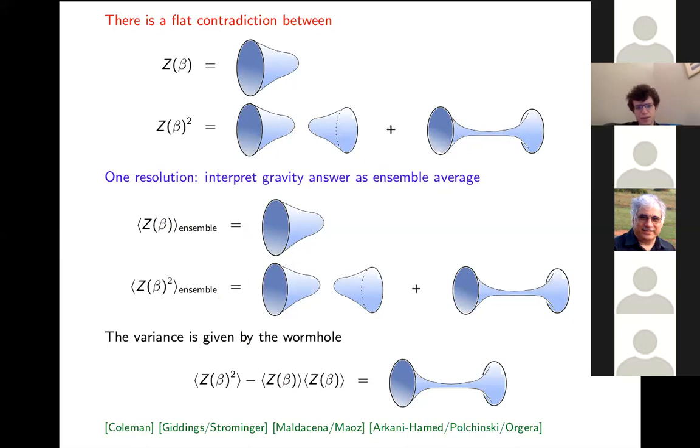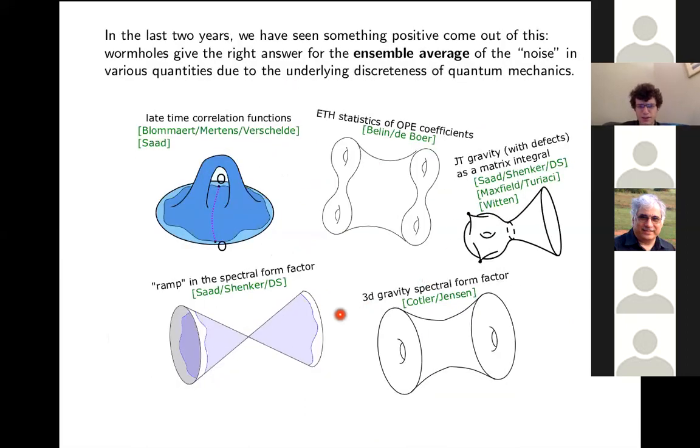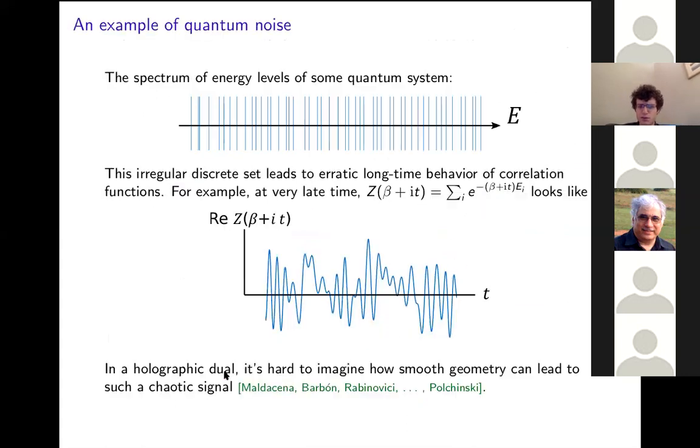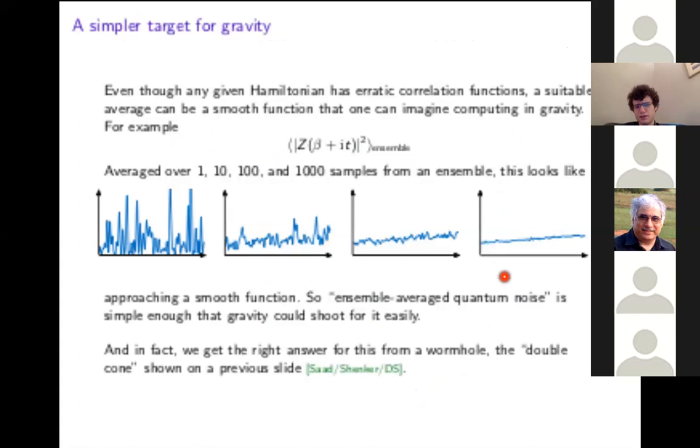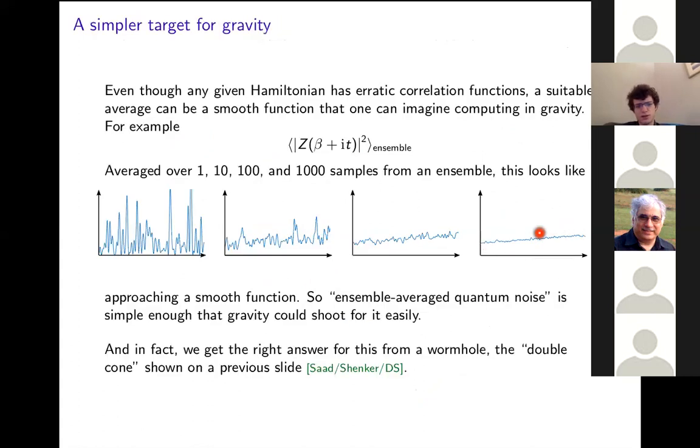That means wormholes are bad, but there's these wormholes that actually compute something that looks right, like they compute a type of average of the actual quantum noise that we think is there in a particular theory. And what are we supposed to make of that? A temporary conclusion is that it looks like gravity is describing some kind of average over quantum theories.